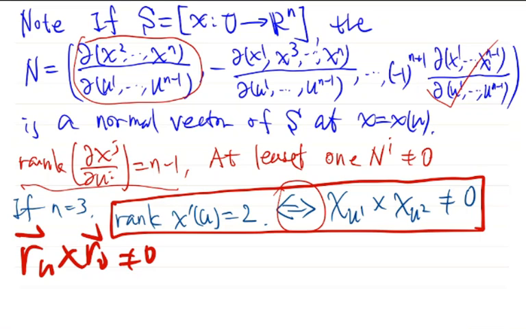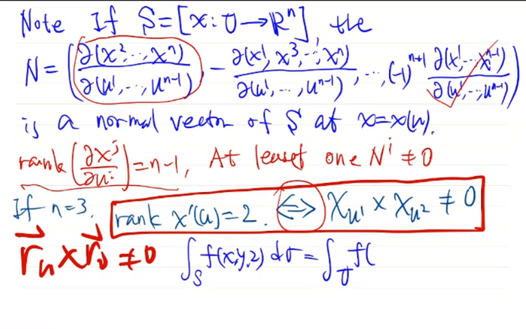And for the three-dimensional case, when n equals 3, we have defined the surface integral of F(x, y, z) d sigma to be the integral over the parametric domain of F(R(u, v)) times the norm of Ru cross Rv du dv.